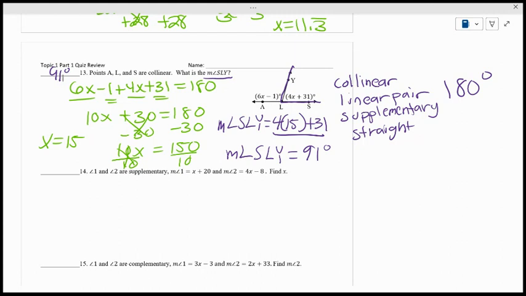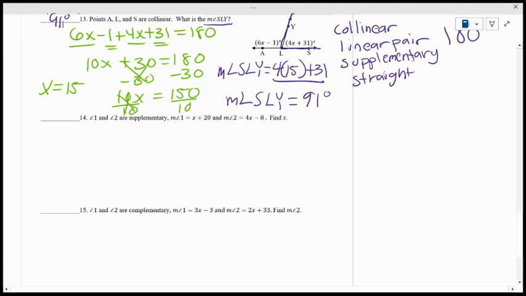Number 14, angle 1 and angle 2 are supplementary. Again, we just went over that. That means add to 180. So they give you the two parts. Exact same thing, just different equation. The first part plus the second part equals 180.